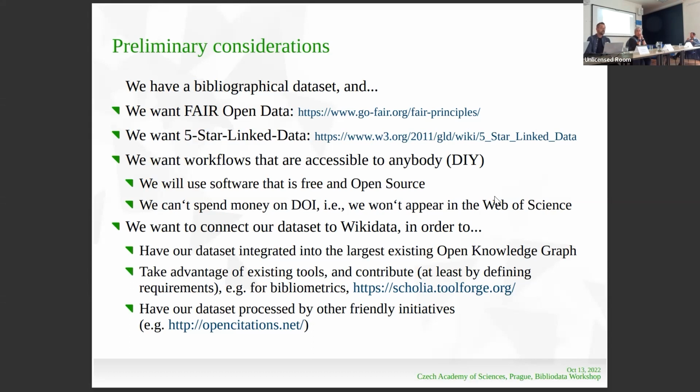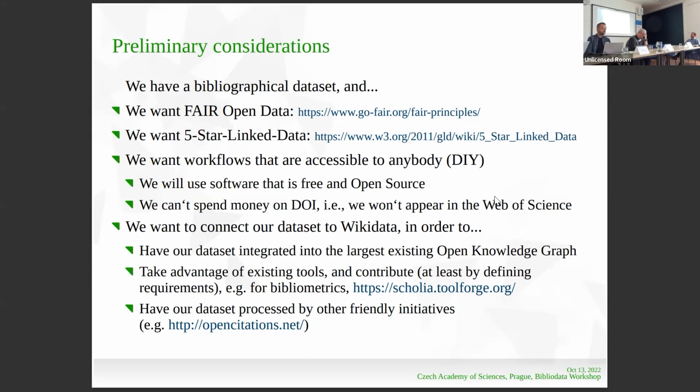If you don't know that and don't know what Scholia can offer to you as of now in bibliometrics, just check it out. And yes, since this is developed in an open community, we might at least contribute by defining requirements. Now, if we are not able to contribute as developers, as is my case, I'm a pure user.